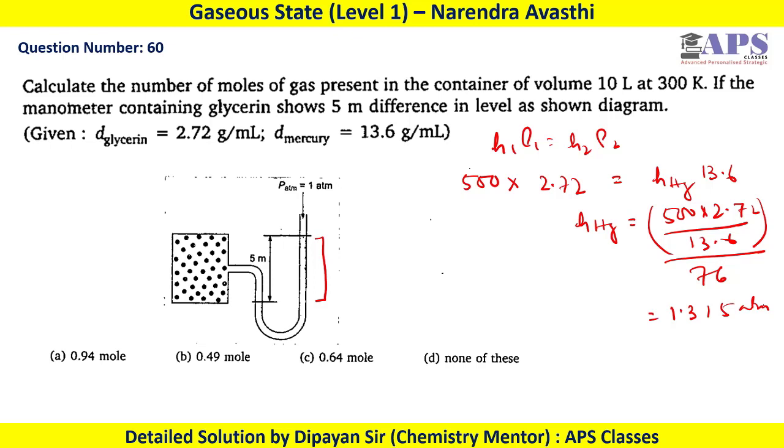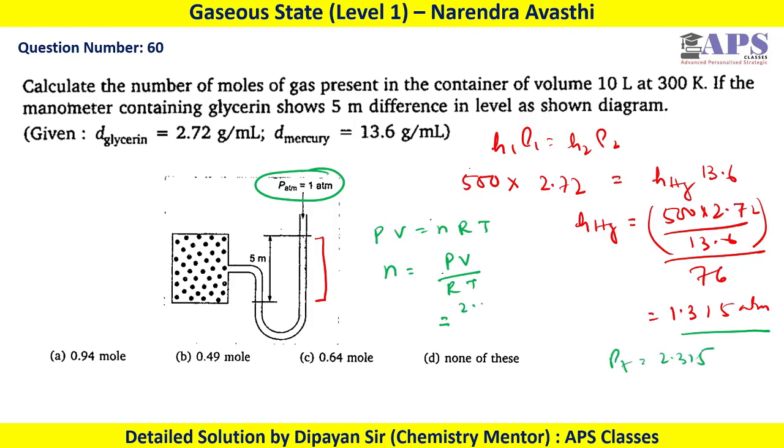We convert it into atm because we want to use this pressure in PV = nRT, and the number of moles can be calculated as PV by RT. So what is the pressure? The pressure from the mercury level is 1.315 atm, but we have another pressure, atmospheric pressure, because this is an open container. So the total pressure is 2.315 atm.